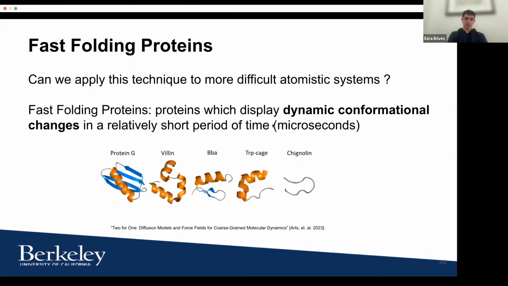Gotcha. But yeah, we also apply this on some more difficult systems. The fast folding proteins from the Shaw group are a very nice environment in which to test this, because we have the ground truth: very long exhaustive simulations heroically done by them on the Anton supercomputer over a decade ago. So we have a way to validate that our transition paths are correct by comparing them to the reference MD.